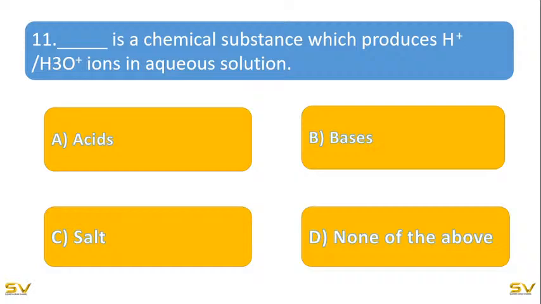The H plus ions will not exist individually, so they will be in the form of H3O plus ions. What are those substances which produce H plus or H3O plus ions? They are acids, bases, salt, none of the above. Which is the correct answer? Is it A, B, C, or D?